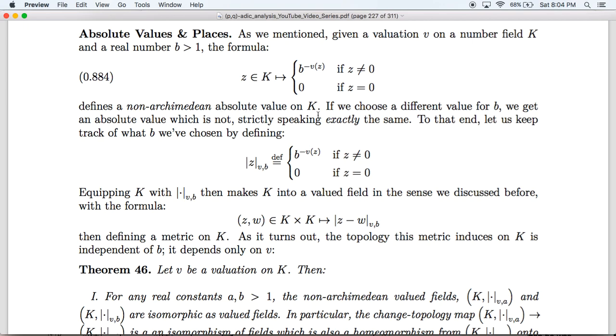If we choose a different value for b, we get an absolute value which is not, strictly speaking, exactly the same. So for the time being, let's keep track of what b we've chosen by defining the absolute value of z, subscript vb, to be this specific recipe.